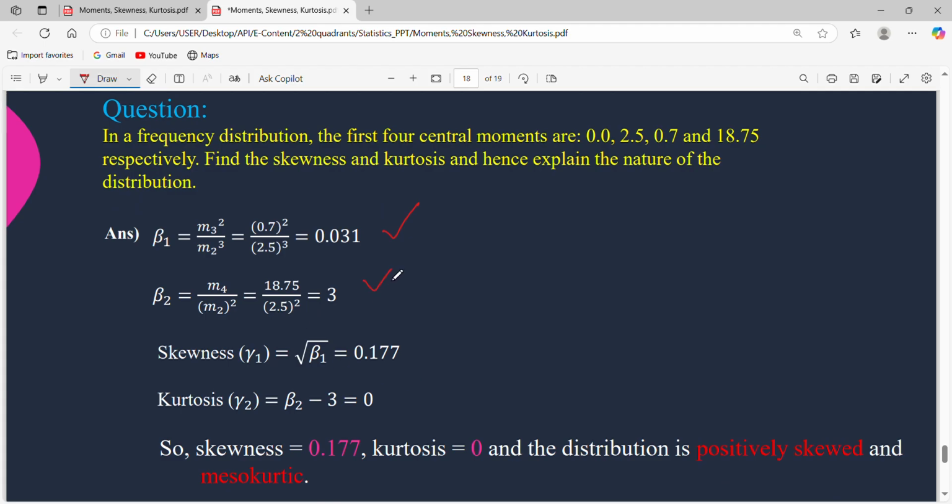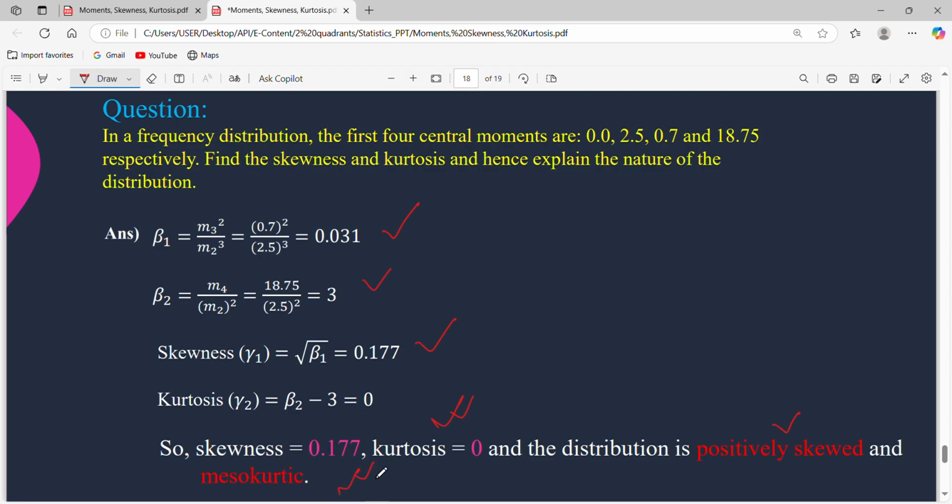Gamma 1 equals root over beta 1, that is 0.177, and gamma 2, that is beta 2 minus 3, is 0. So we know that when gamma 1 is positive, we can say positively skewed, and when gamma 2 is 0, the distribution is mesokurtic.